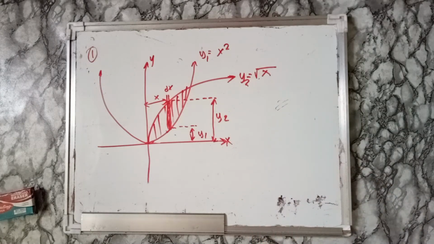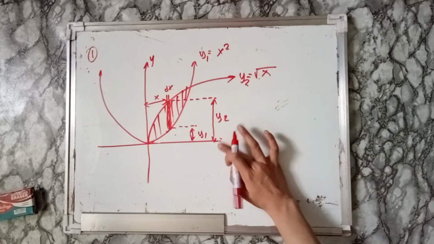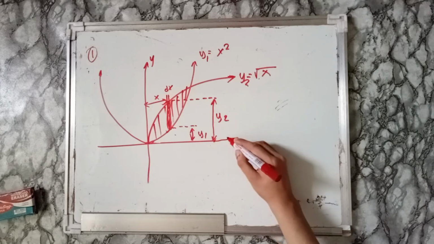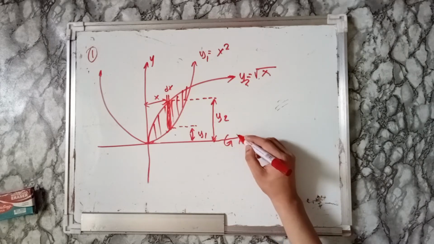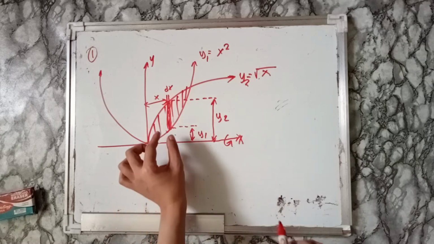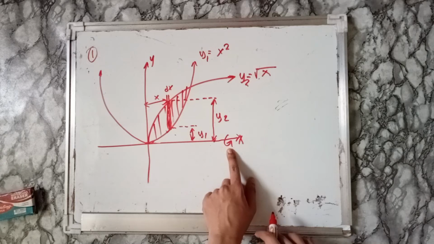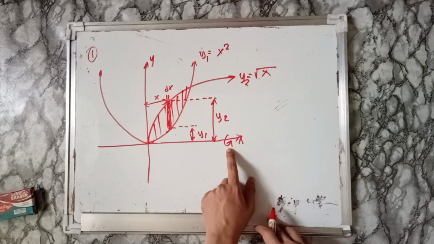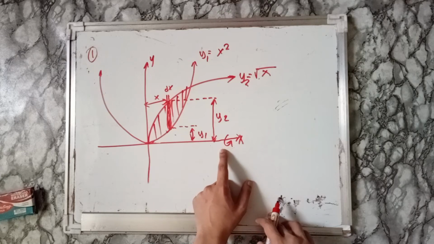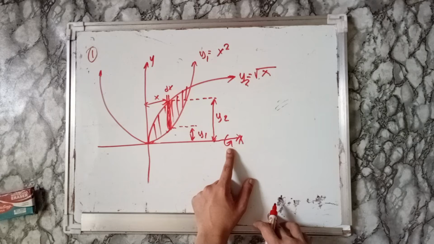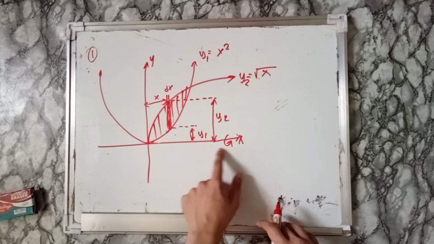And of course, our area of rotation is along the x-axis, since in washer method our strip is supposed to be vertical. Oh wait, this is correct, right? Oh yes.